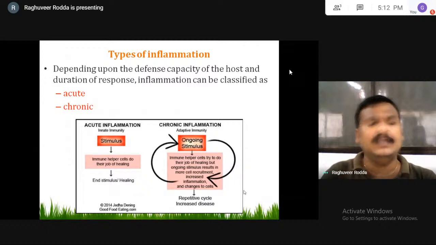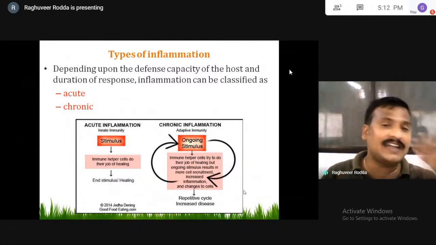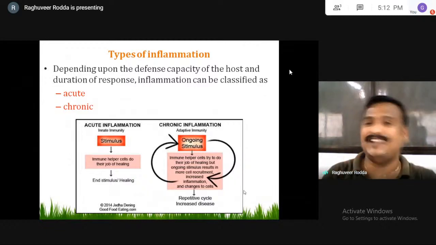Both depend upon what type of immune reaction is produced against the ongoing injurious condition.